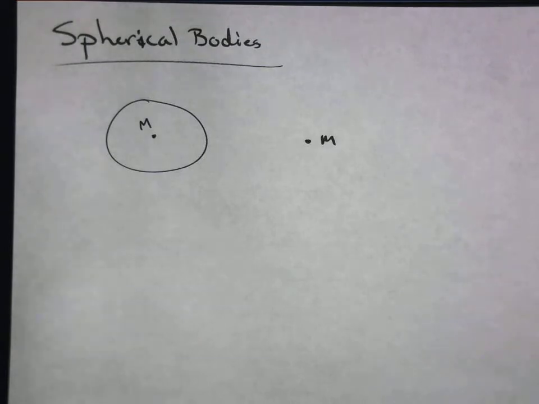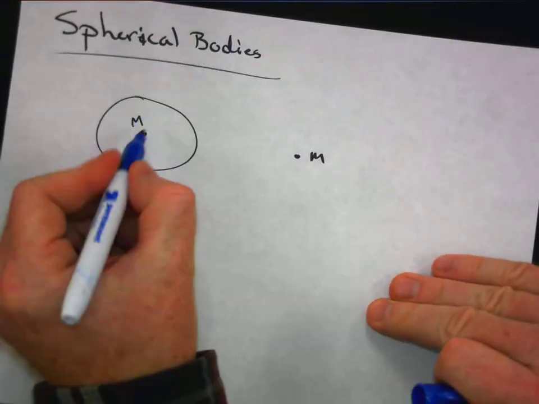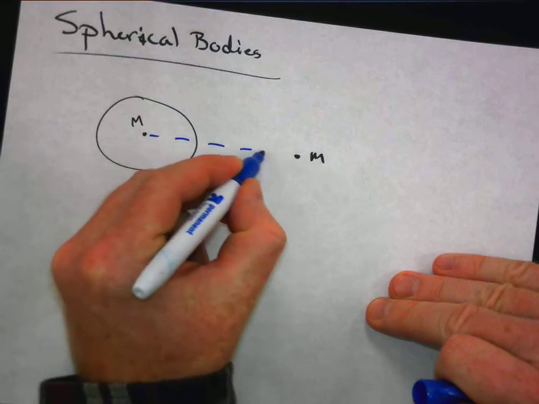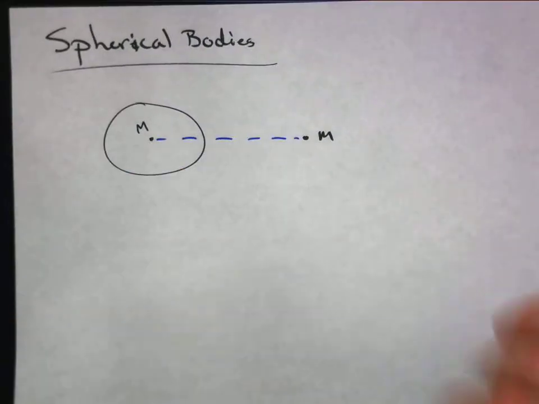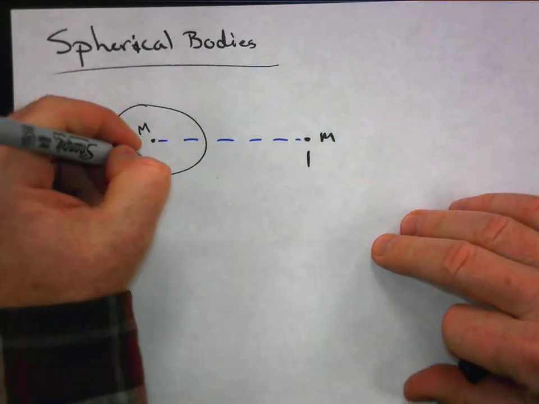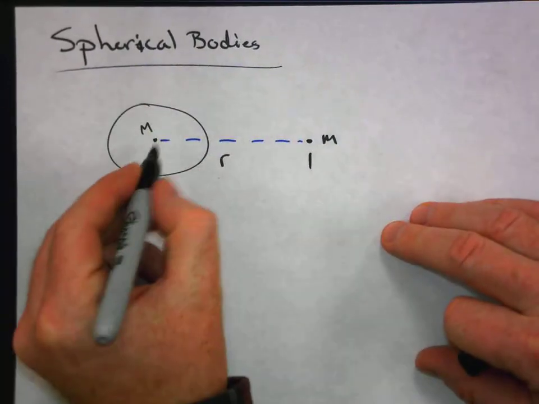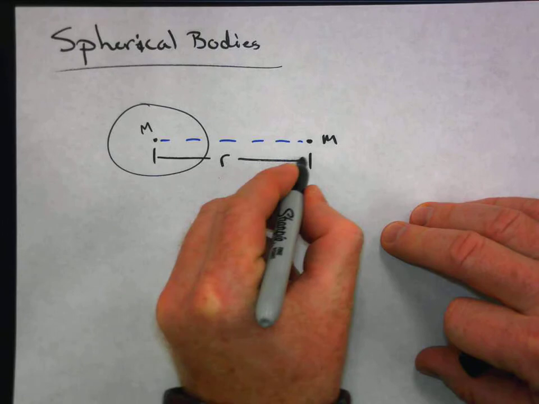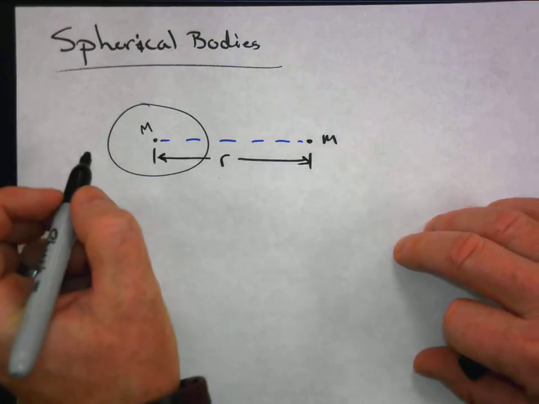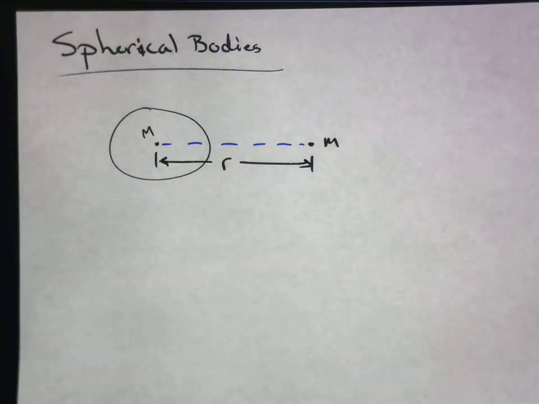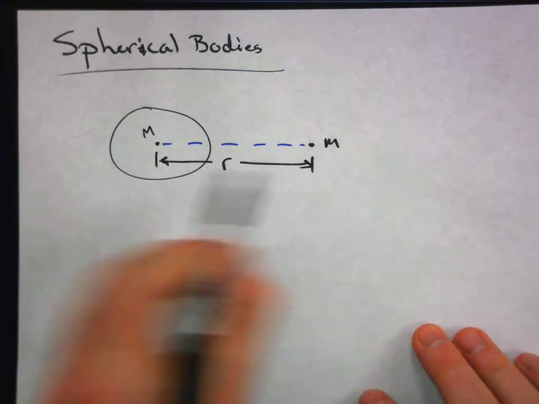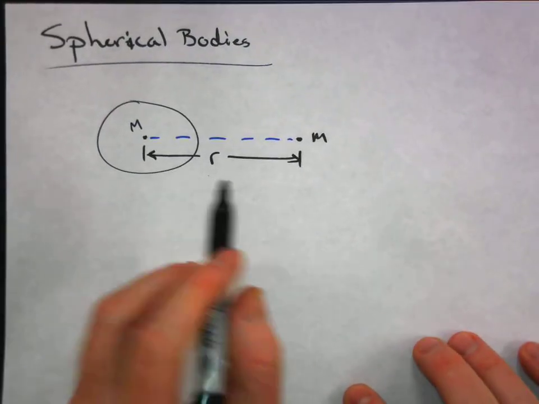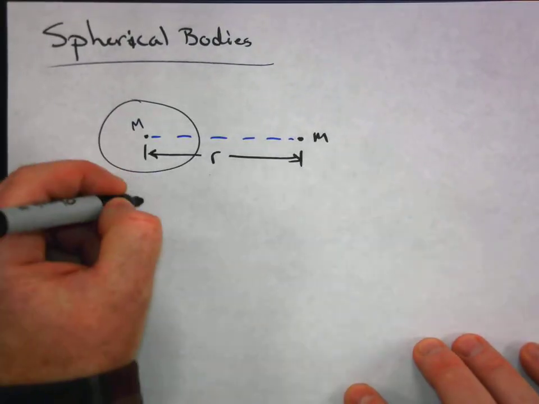So that's nice, because what we can do is figure out a distance from the object to the center, and that's our radius that we will use in our calculation. And so we know a mass, we know a radius. We could still find the gravitational attraction between these two objects quite easily.